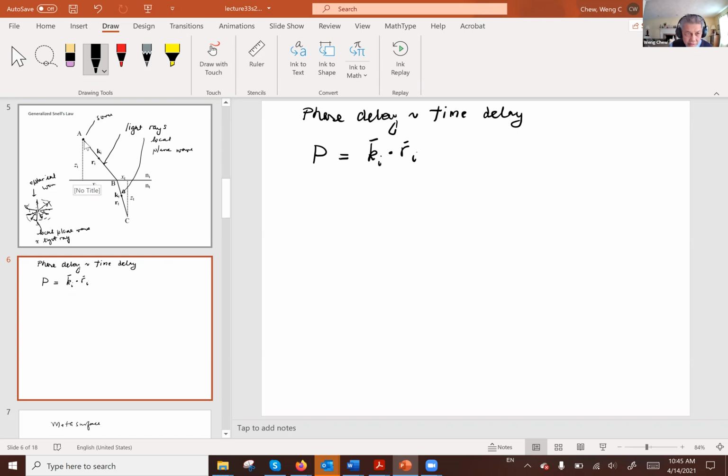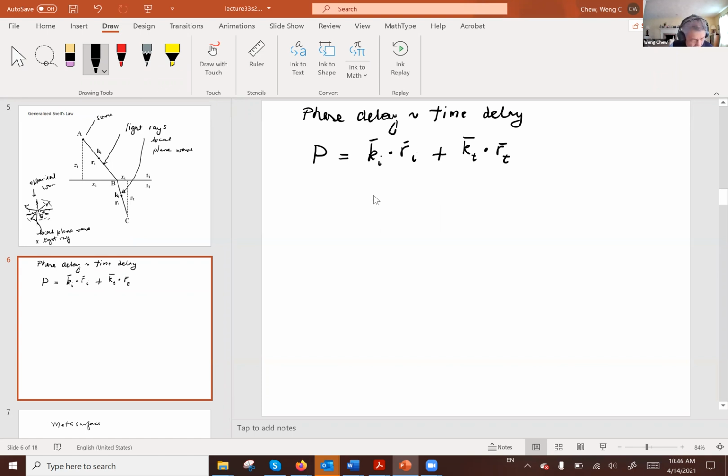That will give you the phase shift of this wave as it travels from A to B. Then as it travels from B to C, it will accumulate another phase delay, given by k_t dot r_t. k_t is this vector over here, r_t is this position vector, and this will be the total phase delay.